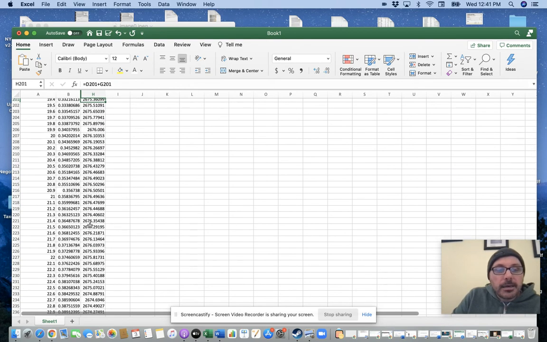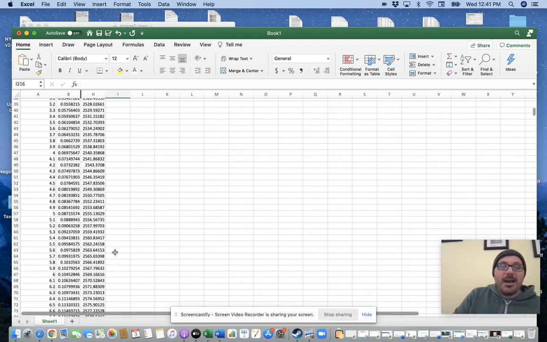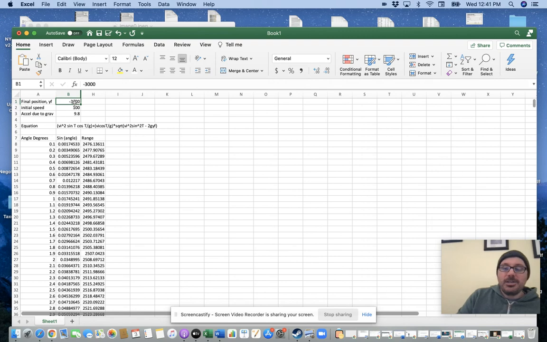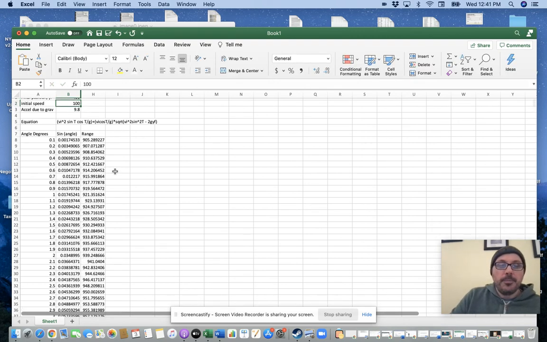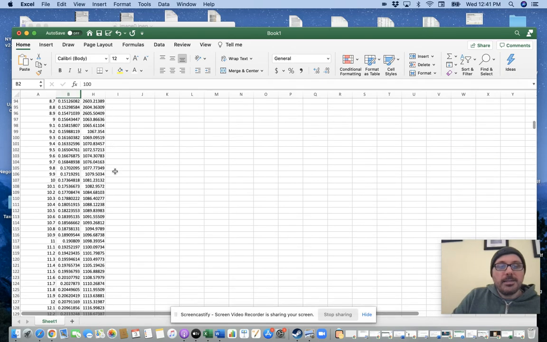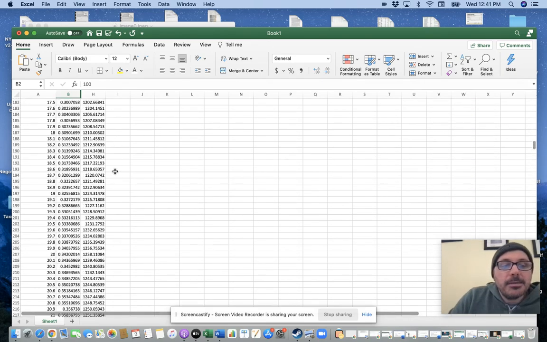Oh, it looks like the 2676 is where it's peaking there. Let's look and find a more granular answer. Oh, there it is, 20.9 with that. I can also change that hill height. So minus a 400, boom. And now we can see where that maximizes.